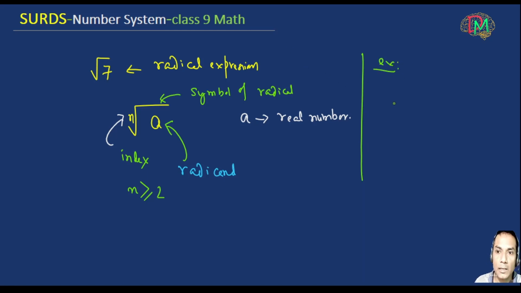Okay. So what are the different examples of the radicals? Radicals examples are, if I told you root 2, it is a radical, yes. If I told you root 4, it is also a radical. Correct. Root 7, already first example we have taken. Then root 3. So it could be any rational number as well as the irrational number, because root 4 is a rational number and root 2 is an irrational number.